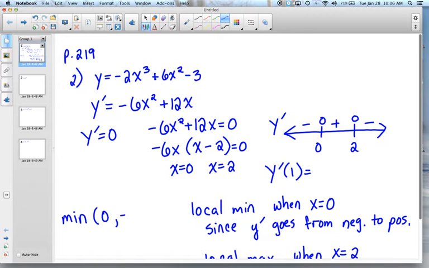So we have a minimum of 0, negative 3, and we have a maximum of 2, and if you substitute a 2 in there, we get negative 16 plus 24 minus 3, so we should get 5. Hopefully I did that right. Okay, so that would be how you would do that problem.